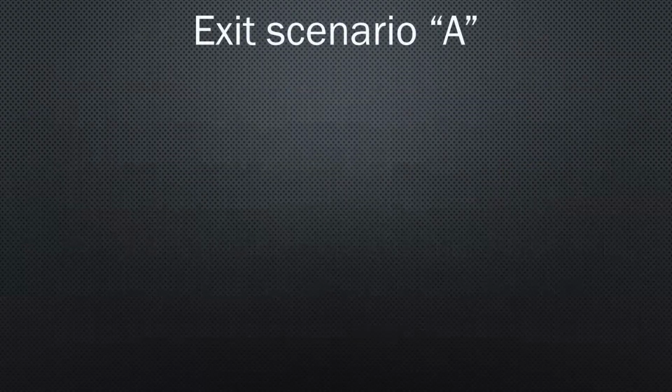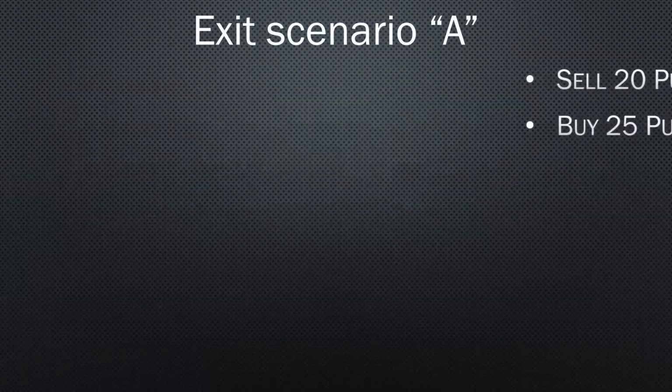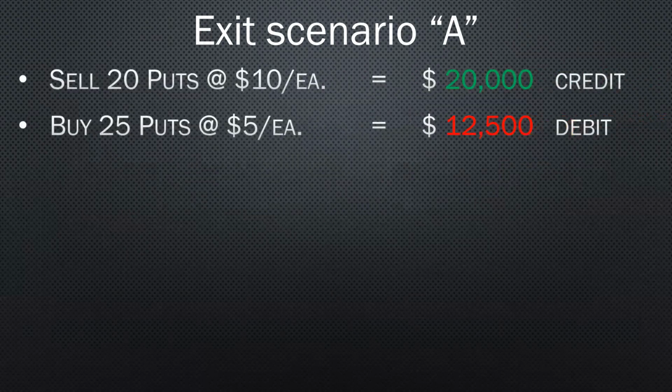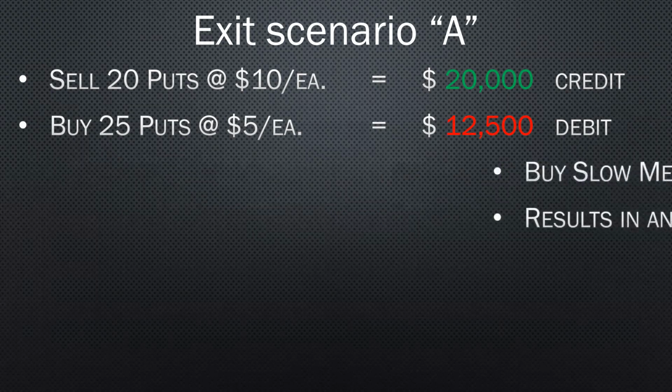Now, let's go through the exit scenario of the SaVE 2. Going to bring in $20,000. We're going to spend $12,500. That's 25 times $500, or $5 for each one of those. So we're going to bring in 20,000. We're going to spend 12,500.